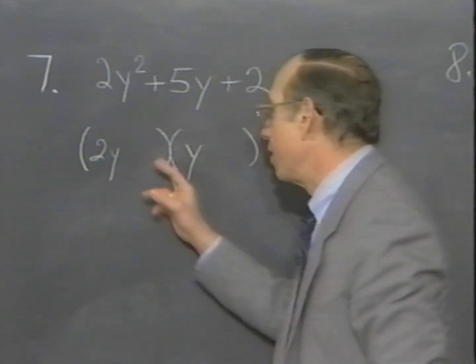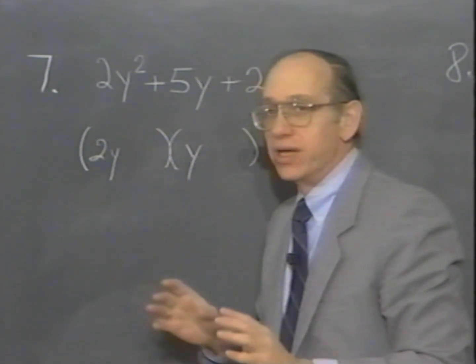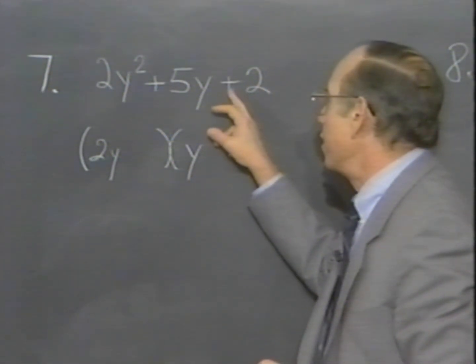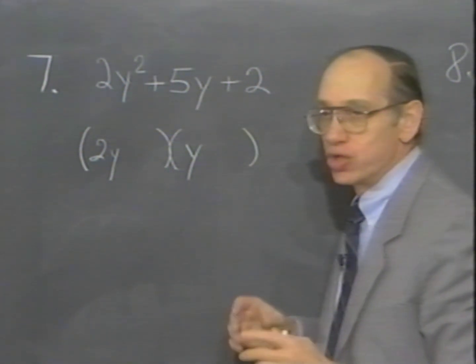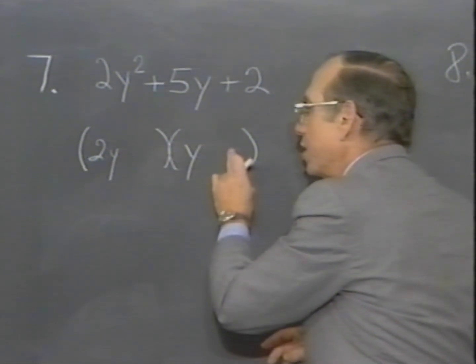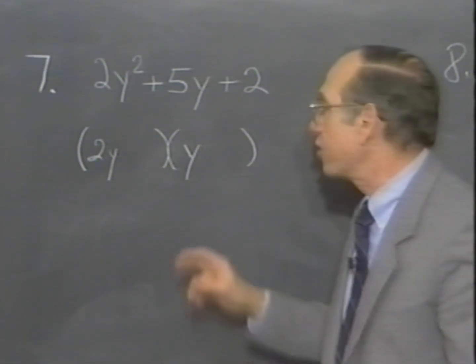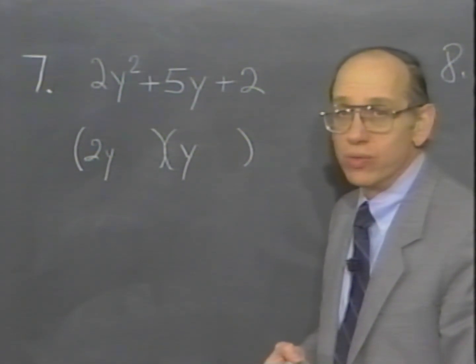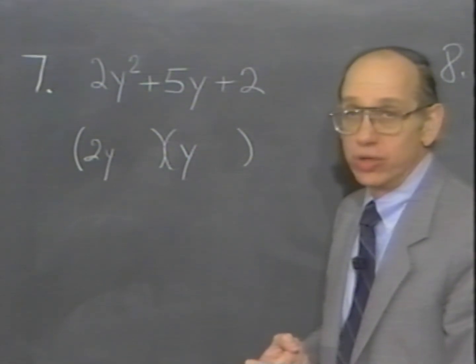All right? Now, fortunately, this one has some saving features. The last term is plus 2. Now, we know that the two numbers I'm going to put here and here have to be factors of 2. And fortunately, the only factors of 2 are 1 and 2.